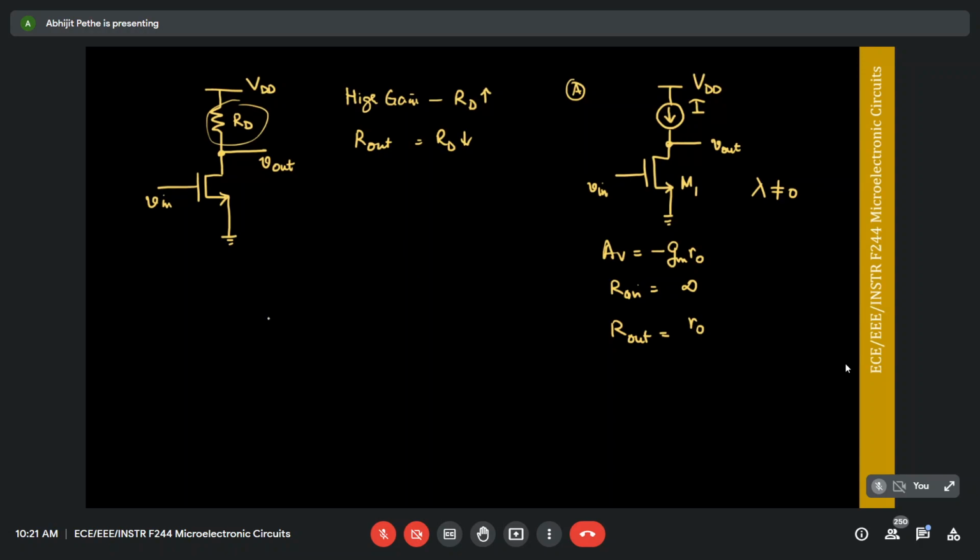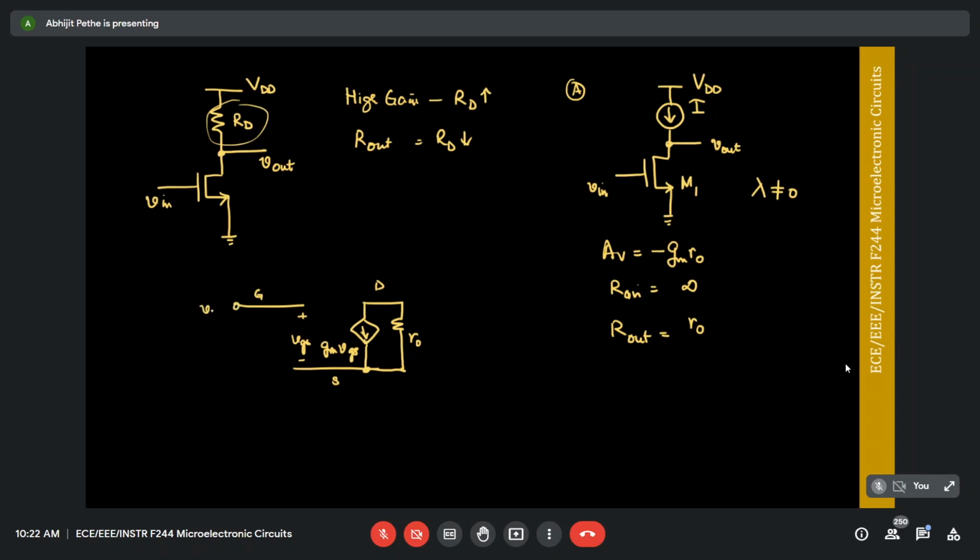Okay, let's see how we did that. Replace M1 with its small signal model, and remember lambda is not equal to 0. So this is your small signal model. This is your drain, that is your source, and this is your gate.